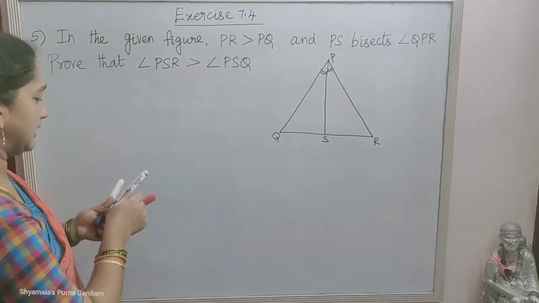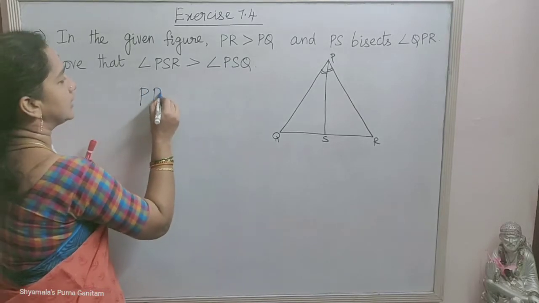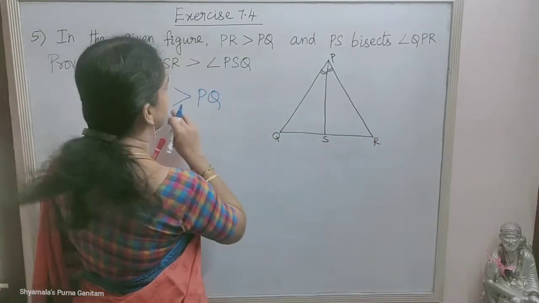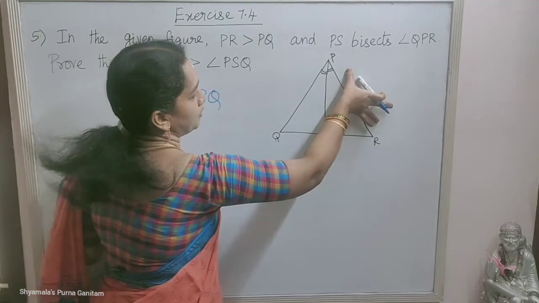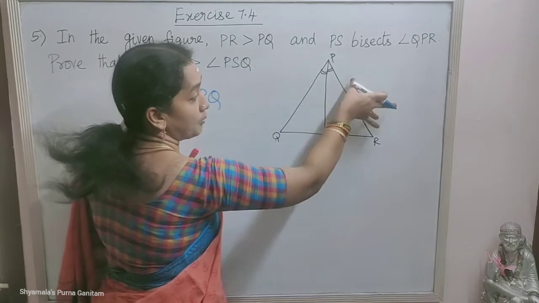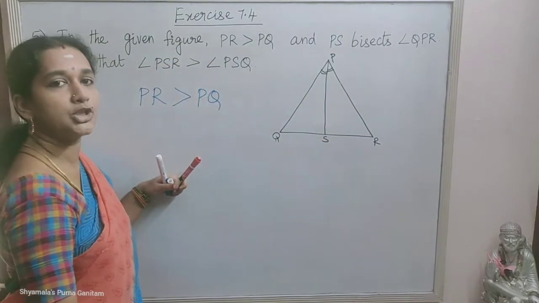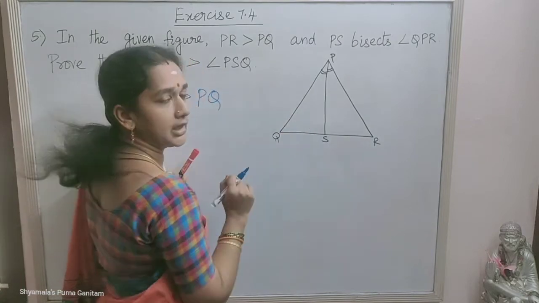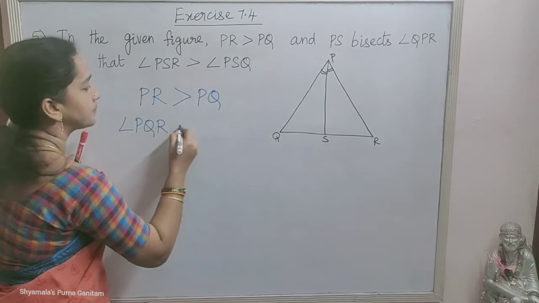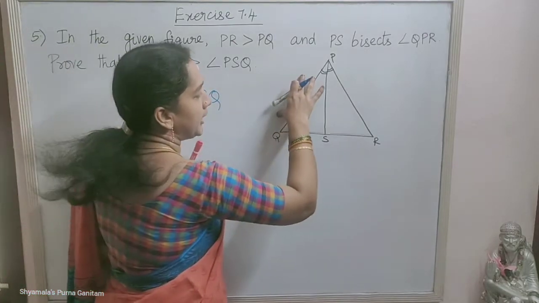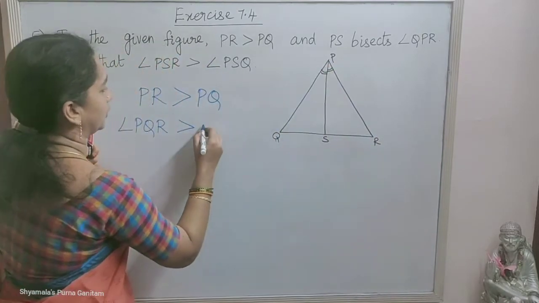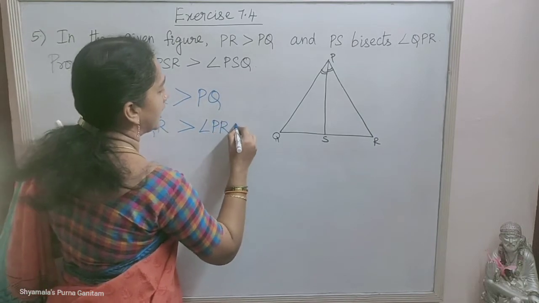For proving that, in the question it is given that the length PR is greater than PQ. Opposite to side PR we have angle Q, that is angle PQR. So angle PQR is greater than the angle opposite to PQ, which is angle R, that is angle PRQ.